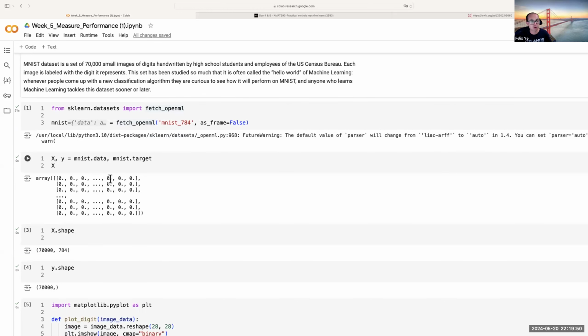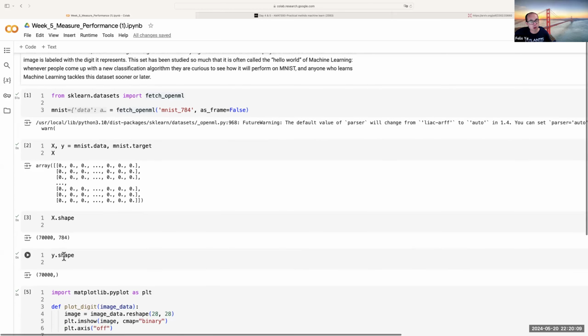The shape of this X data is already flattened out. It's 70,000 by 784, since 28 times 28 is 784. The y tells you the digit of the corresponding image.